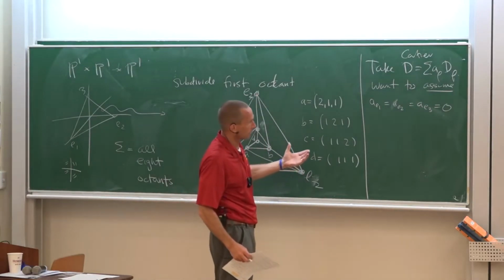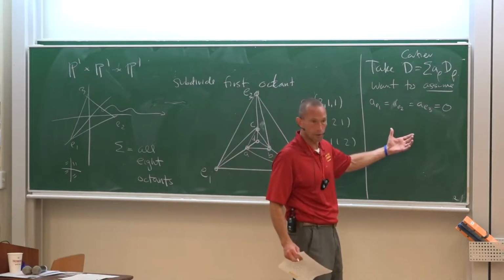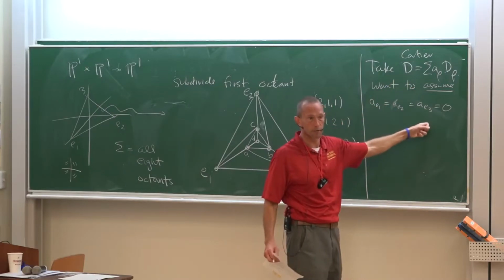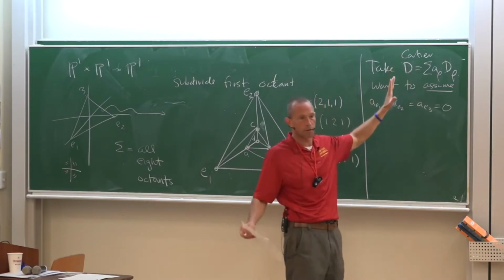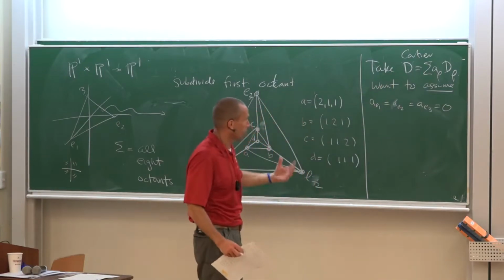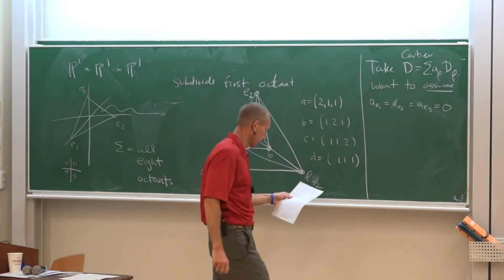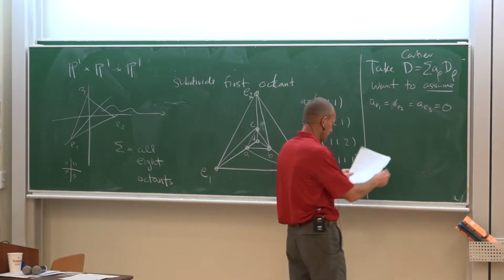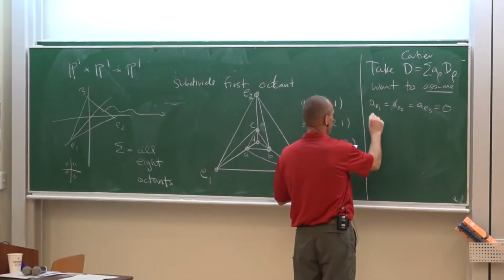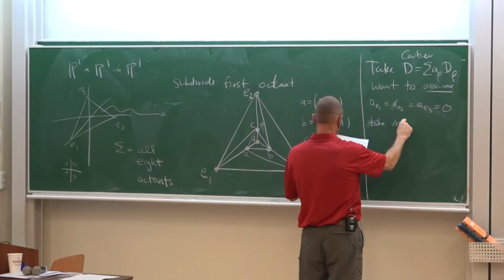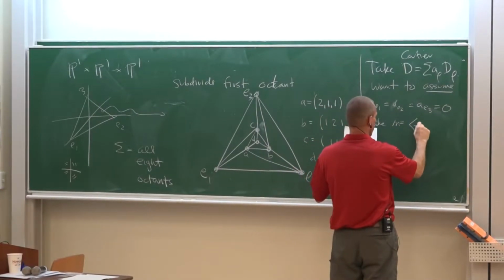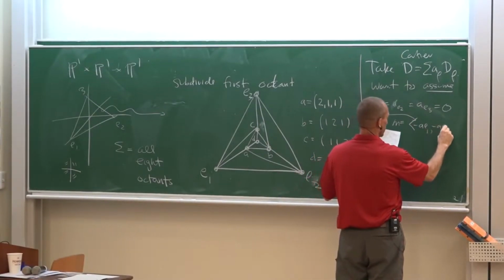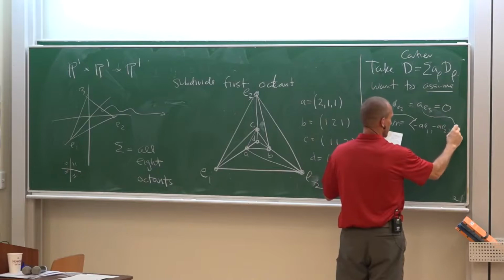The way I can do that is to find some character, a global thing, that I can add to my divisor that cancels those rays. I'm allowed to modify divisors by adding global rational functions, so that's what I want to do. How do I do that? Since I'm Cartier, I can just take the character m equals minus a_E1, minus a_E2, and minus a_E3.